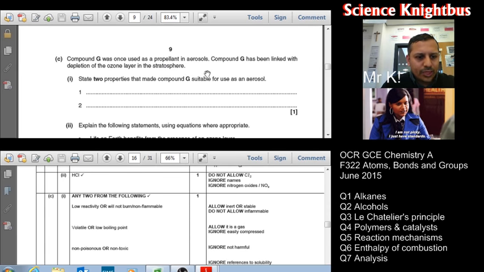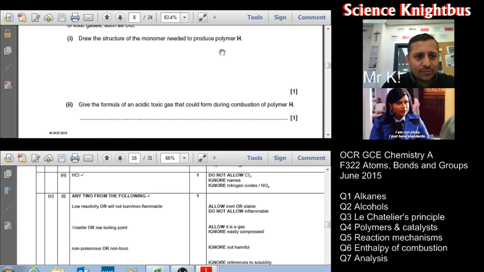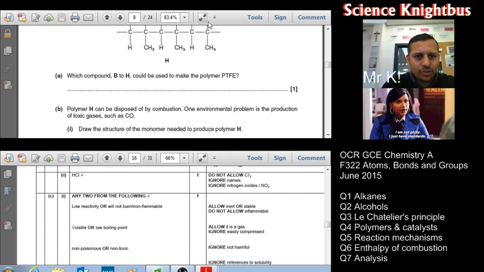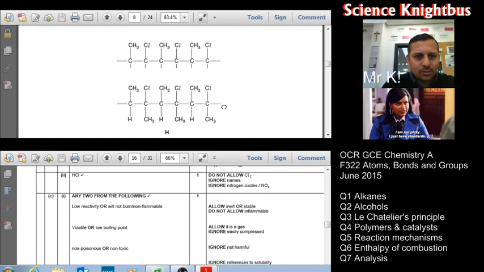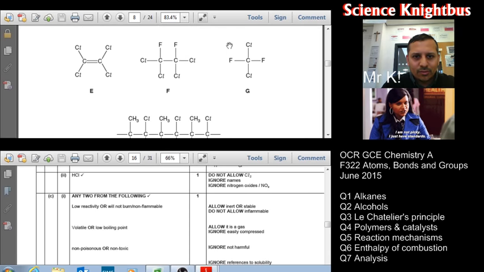G suitable for an aerosol. So let's just have a quick reminder of what G looks like. Let's have a look. Okay, well, you can imagine that this would be tetrahedral in shape, and how would it be binding? It would be a simple covalent molecule, so you'd actually find that there are low intermolecular forces between those molecules.